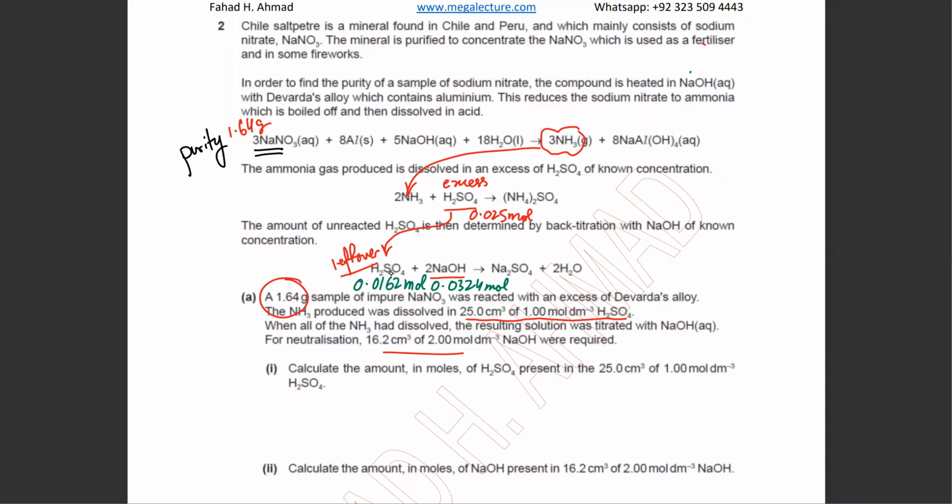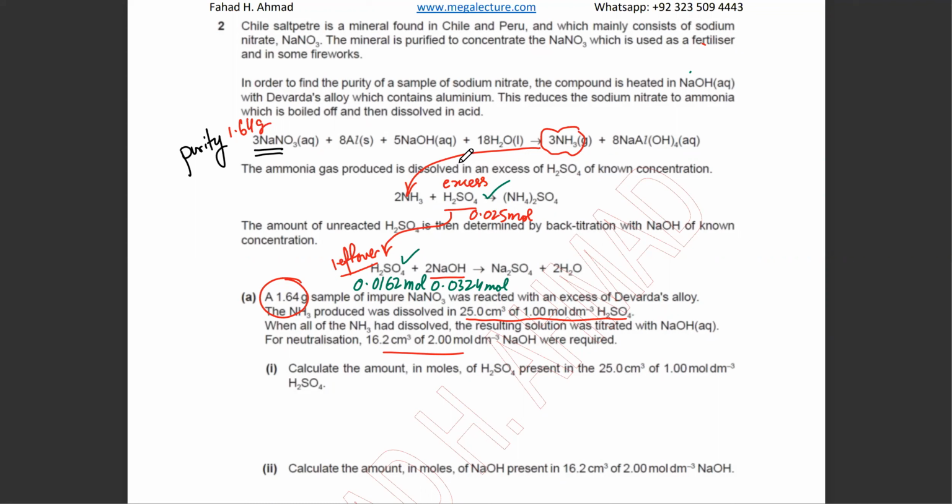So we figured out the moles of the leftover sulfuric acid, and these are the moles of sulfuric acid that were added at the start. So 0.025 was added and 0.0162 is left.